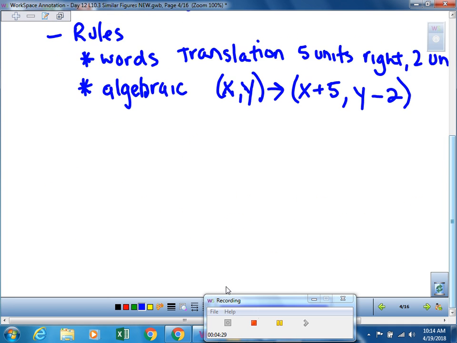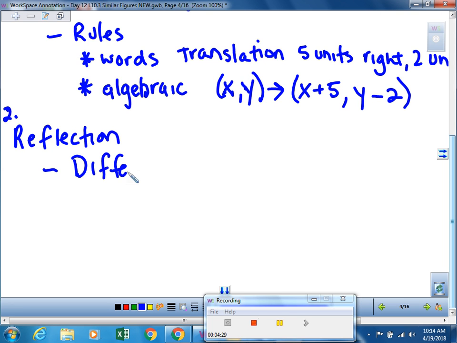Now let's go to the next one that we learned, which was reflection. So this is number 2. Reflection. Different letter orientation.